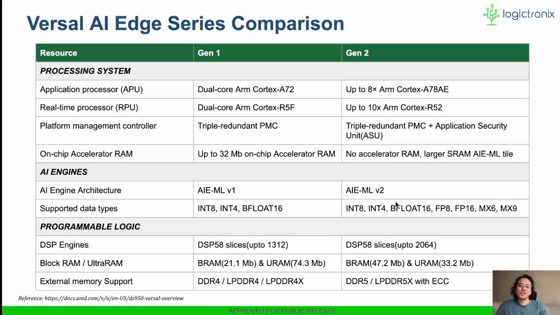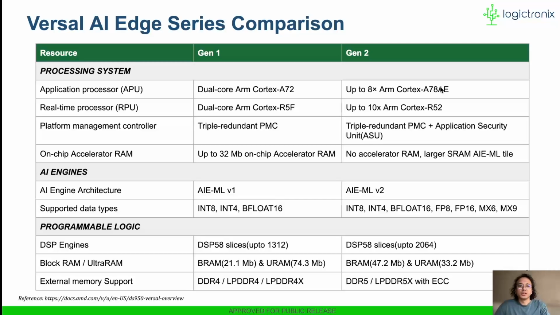So that was the general overview of the Versal AI Edge series architecture. Like I previously mentioned, Versal AI Edge series architecture has two generations, Gen 1 and Gen 2, and in this table we can see the improvement in Gen 2 from Gen 1. The application processor APU has been replaced with ARM Cortex A78 automotive grade ARM cores, and depending on the device or Versal variant, we can get up to 8 cores.